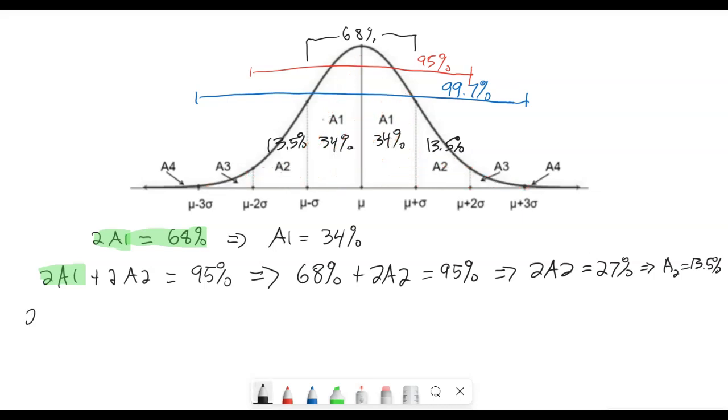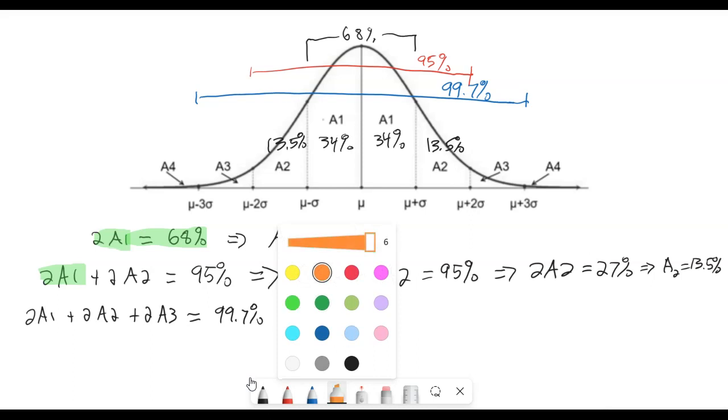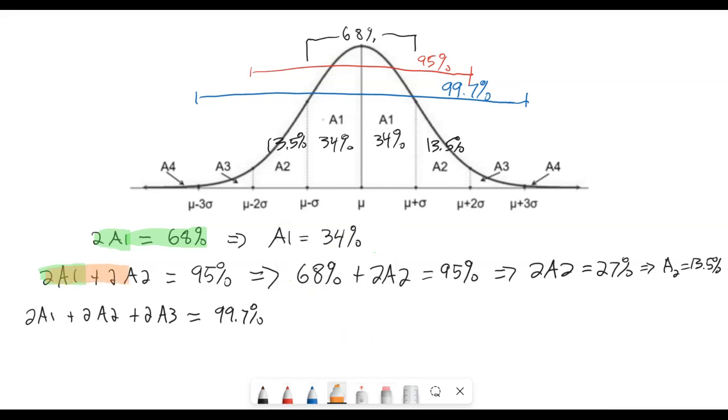So we have 2A1 plus 2A2 plus 2A3, and that all equals 99.7%. Now, notice 2A1 plus 2A2 is 95. So all of that is 95.